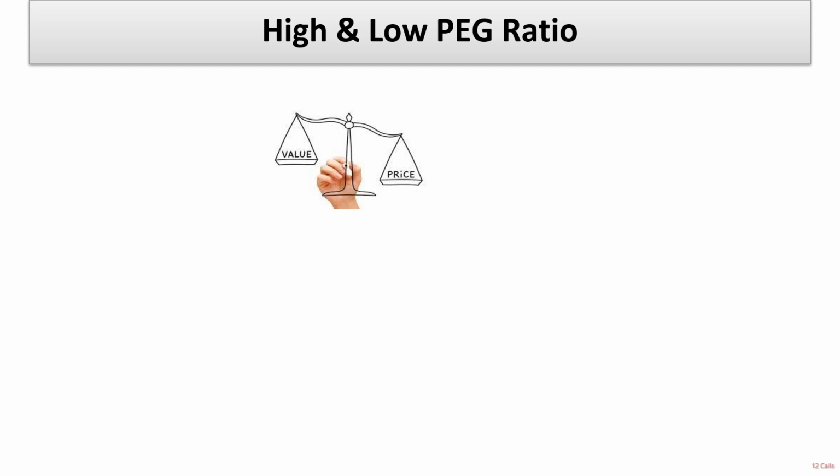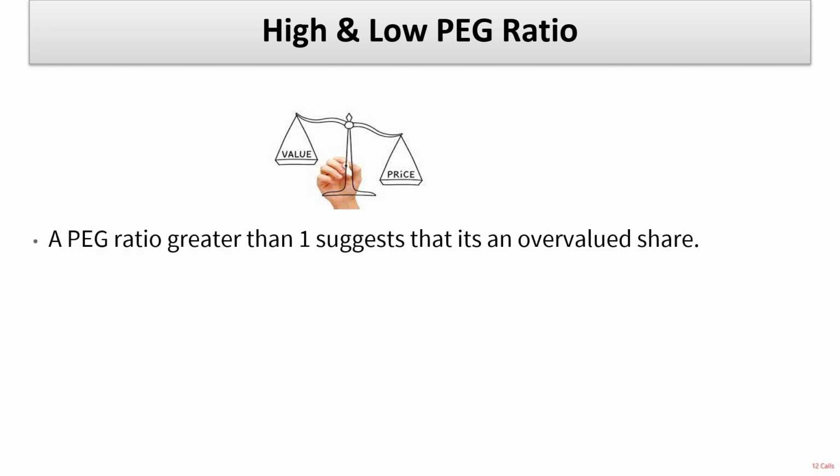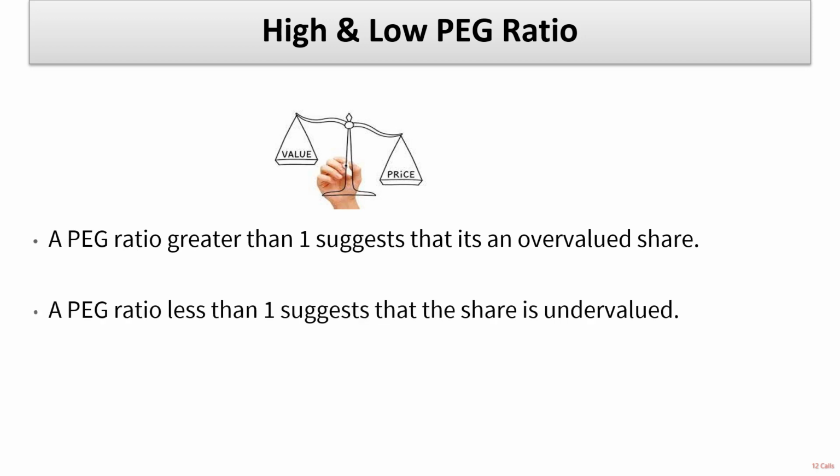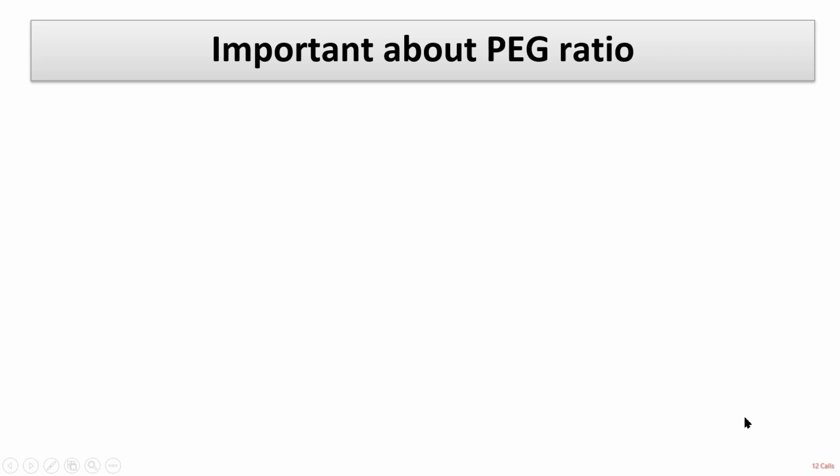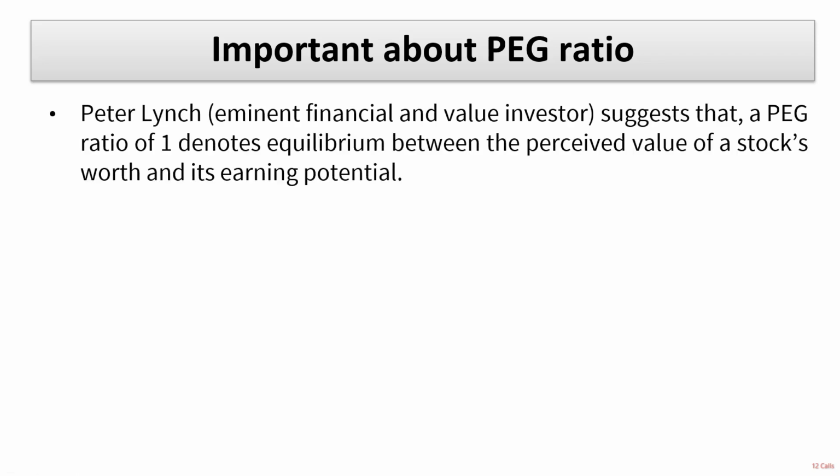Let's understand high and low PEG ratio. A PEG ratio greater than 1 suggests that the stock is overvalued and less than 1 suggests that the stock is undervalued. Peter Lynch, those of you who don't know, is one of the most successful mutual fund managers in America.